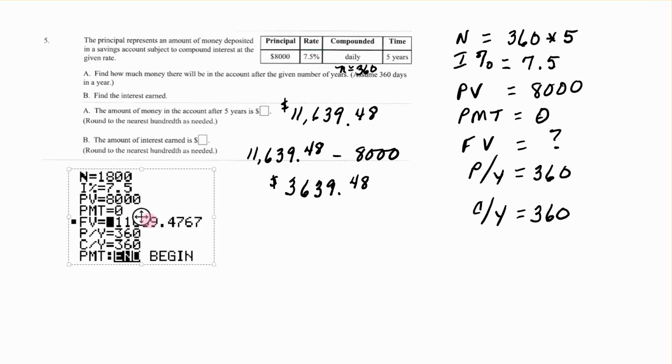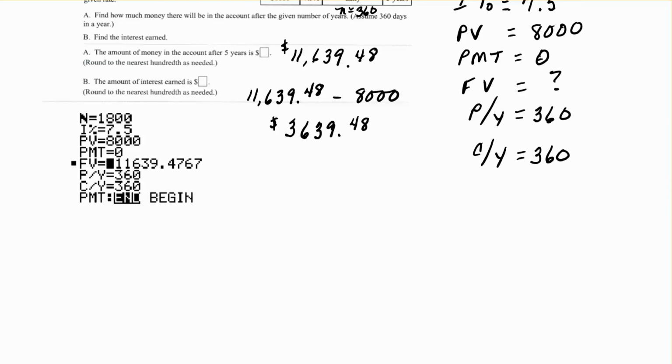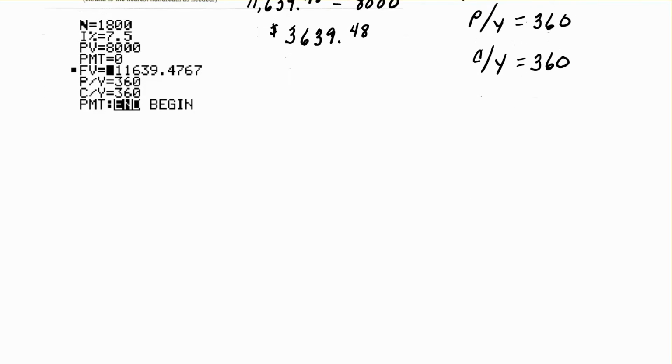All right. Now, in the next problem, we're going to do something a little bit new. So let me go ahead and introduce something else to you. We can compound once a year. We can compound twice a year, 4 times a year, every month, daily.